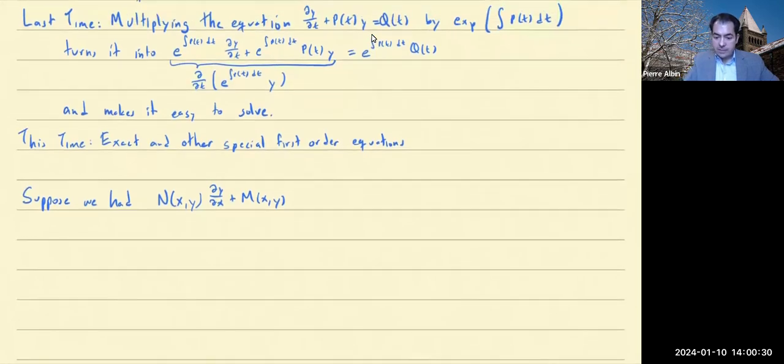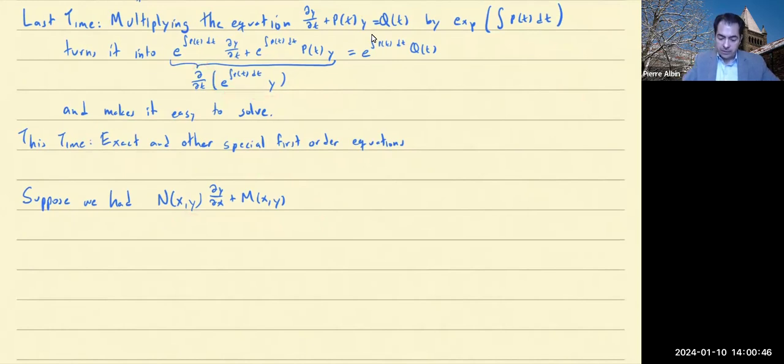And just like what we did last time, it would be really convenient if we could interpret this as the derivative with respect to x of some function.